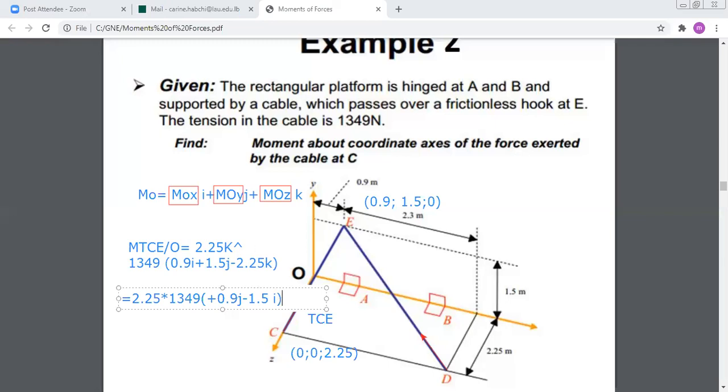So this is my result. I deduce that the moment about O has only I and J components. It doesn't have a component along Z.